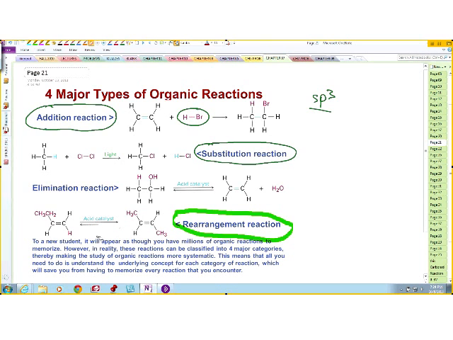In other words, all we've done here is rearrange this molecule so that we move the position of the double bond. Okay? Move the position of the double bond.